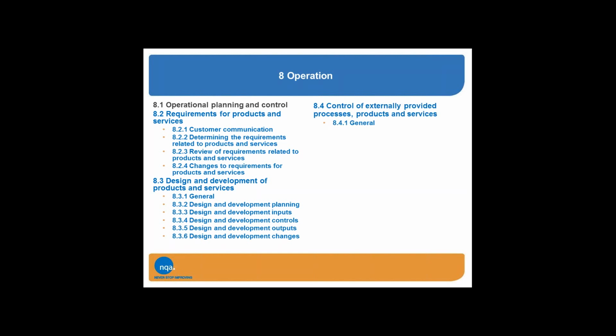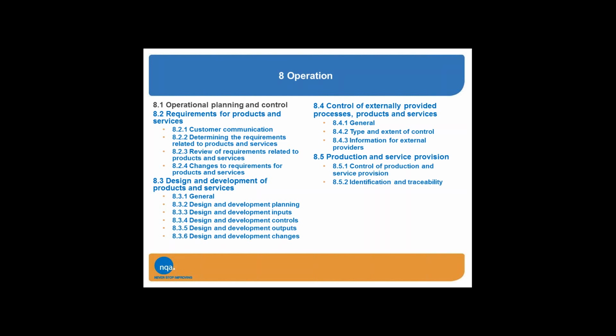Then we have 8.4, control of externally provided processes, products and services. And again, we have our general requirements, the type and extent of control we might need. That's actually a way of stating risk, and I'll come back to that in a moment. What information do we need to provide for our external providers? And then we have our overall production and service provision, the core of what we do. So we have our controls around that, our identification and traceability requirements if we have them.